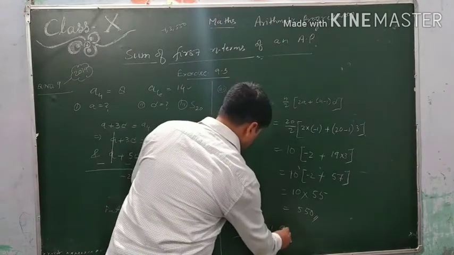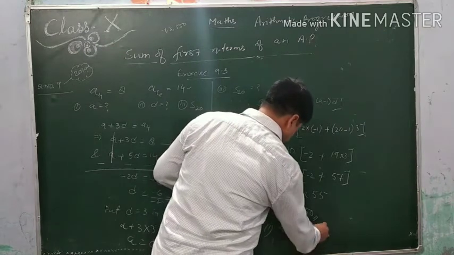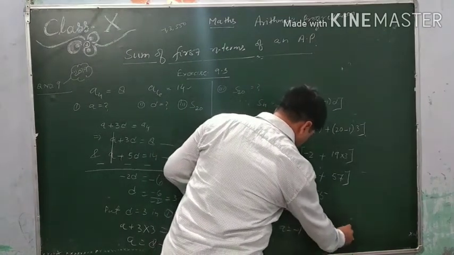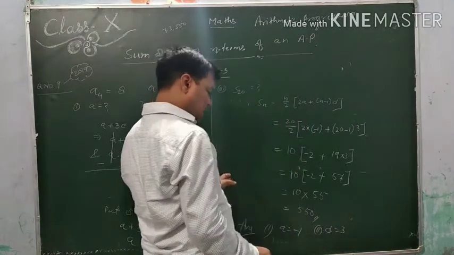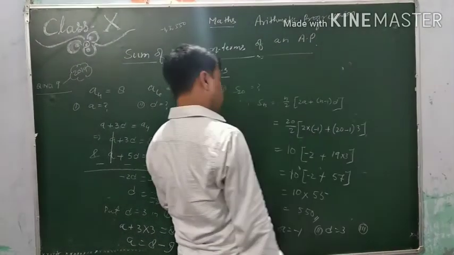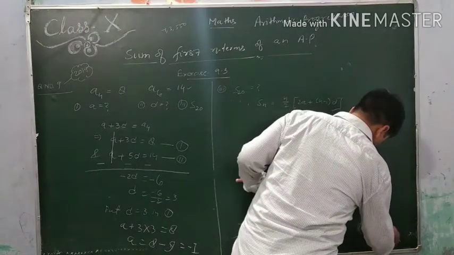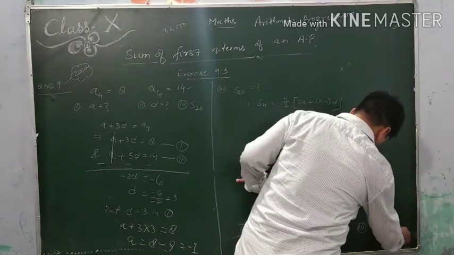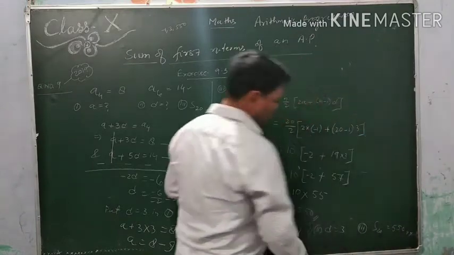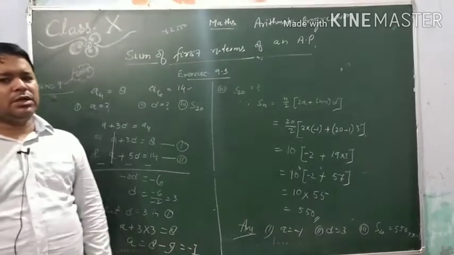First, a is equal to minus 1. Second, d is equal to 3. And the third one is S20, meaning the sum of the first 20 terms, that is 550. This is the answer to question number 9.